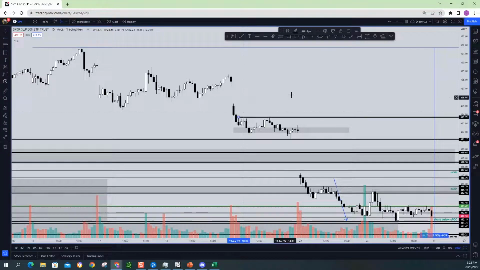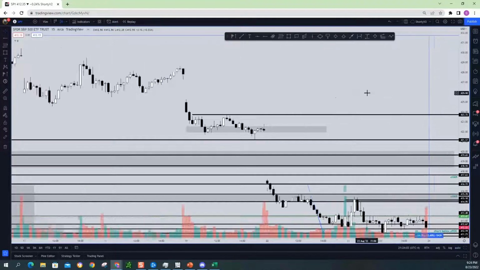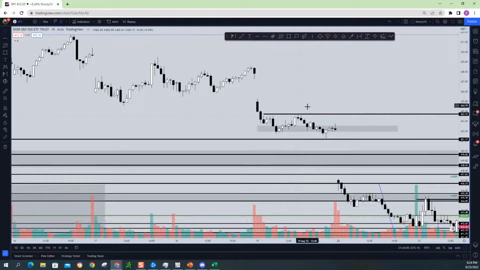I guess we should look at some of these levels. So this is our consolidation here. Can't believe SPY is still about 420.